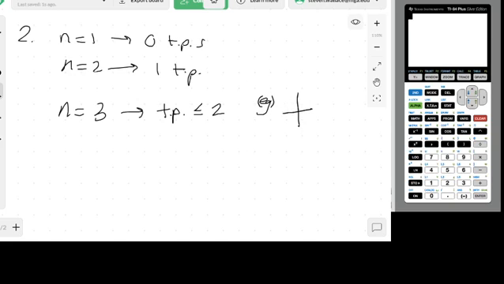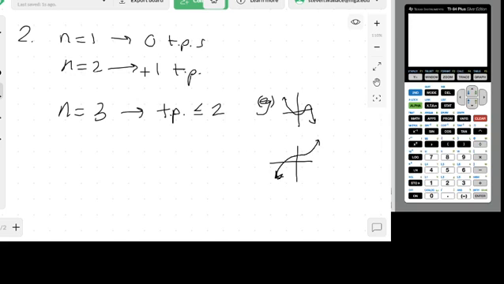So for instance, here's a cubic function perhaps with 2 turning points. Here's one that doesn't have any. Okay.